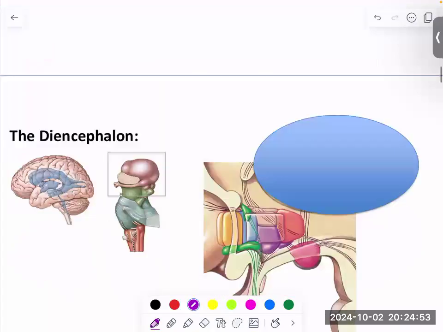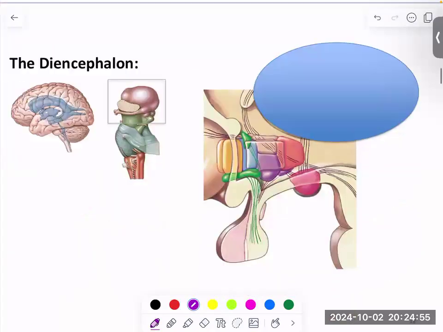The diencephalon. The diencephalon is this structure shown in purple. This is a very complex structure. It's made of 3 parts that I want you to be familiar with.